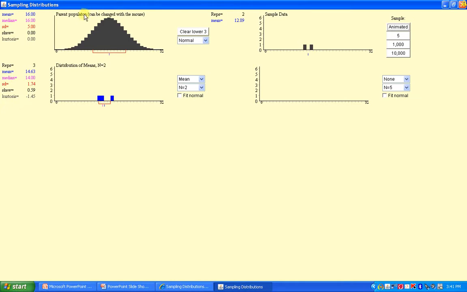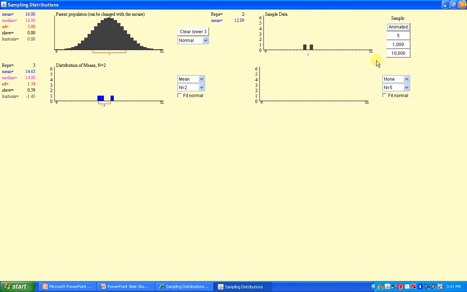Usually your population isn't going to be infinite. Any population that we're interested in is going to have a bound, but we usually work with large populations, so all these numbers are going to be very accurate.